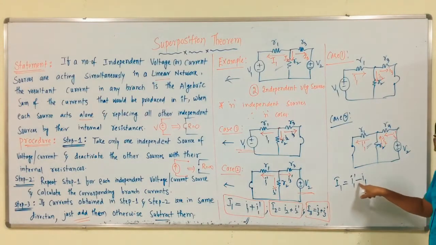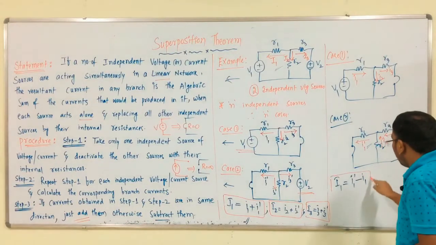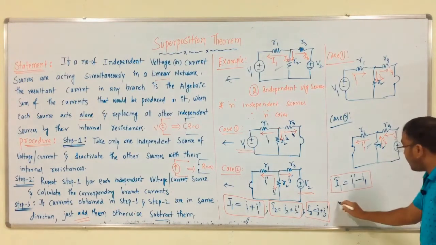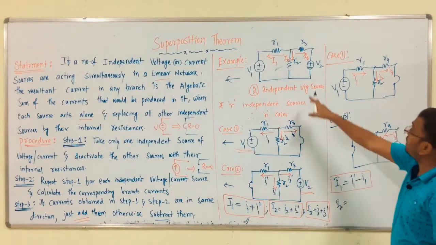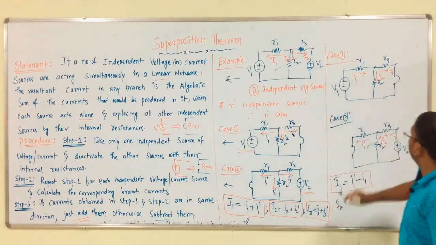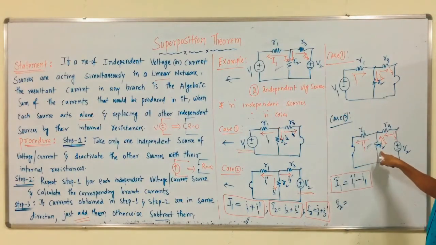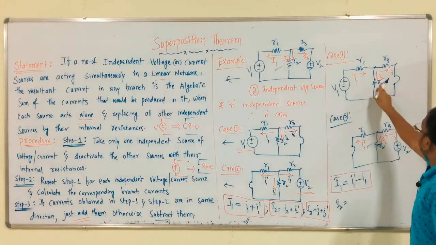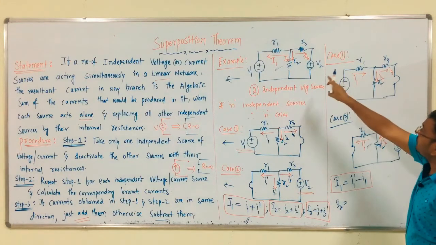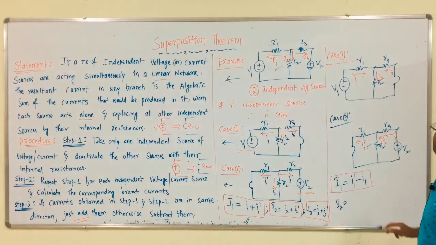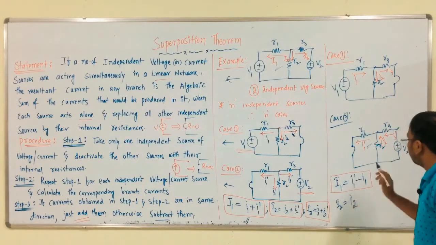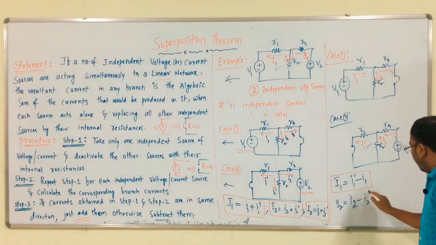That is why subtract I1 dash minus I1. This is the total current. Like this I2, see the current direction, it is downwards, but here upwards. So, first we have the same current direction, no? Same as this capital I2 current direction, that is I2 first minus I2 dash.